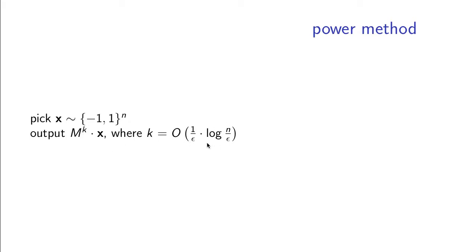And we will prove that just this computation will give us an output vector whose Rayleigh quotient is close to the largest eigenvalue. It's at least 1 minus epsilon times the largest eigenvalue, provided that k is chosen like this. Now in terms of the running time, to do this computation, we just need to do something like this.